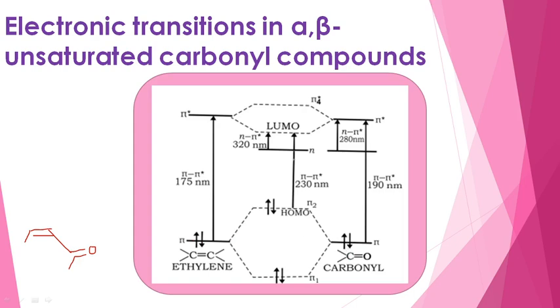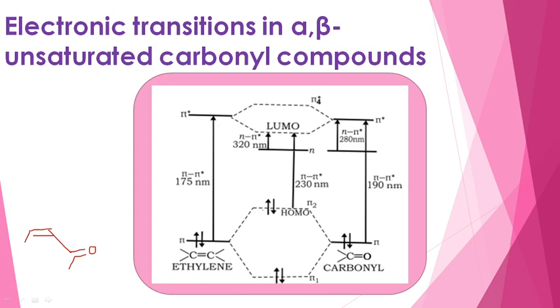So, there is a presence of pi 1, pi 2, pi 3 star and pi 4 star molecular orbitals. So, 2 pi bonding electrons are present. One will be accommodated at pi 1 and the other will be accommodated at pi 2. Both are bonding molecular orbitals.